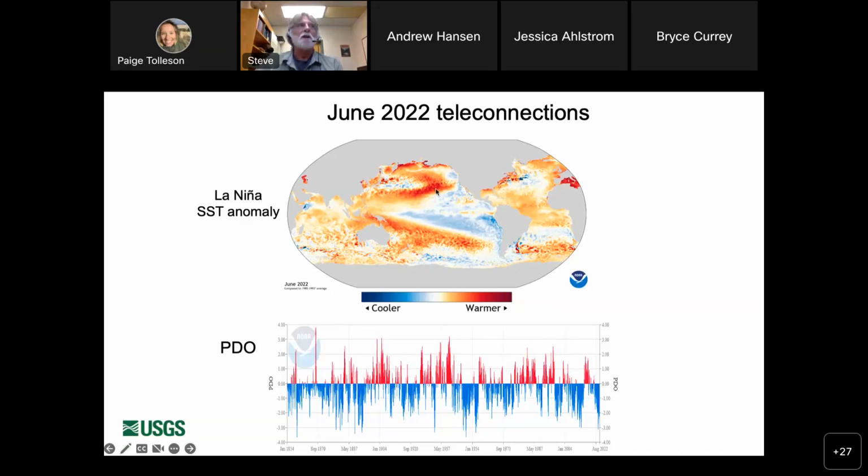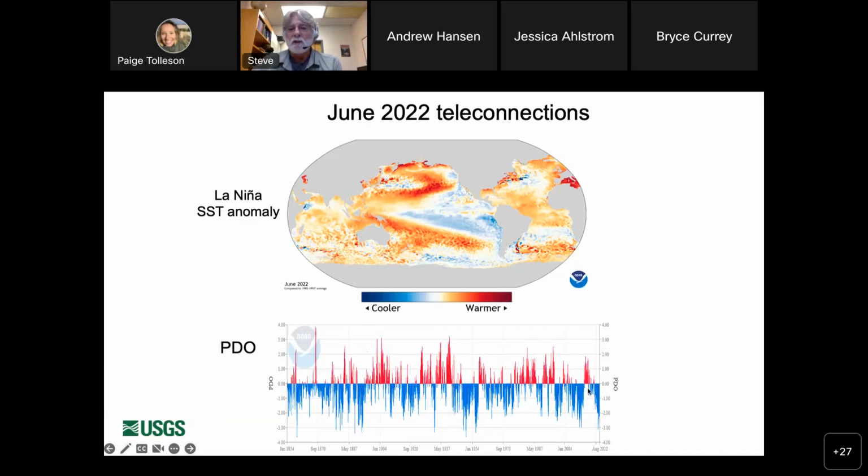This was the second year of the La Nina, and I think the forecasts now show a third year, and it's been since around 2000 that we've had 3 running years of a La Nina. Associated with that is the lower plot, which is the Pacific Decadal Oscillation.